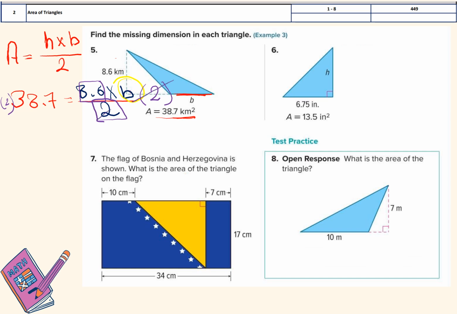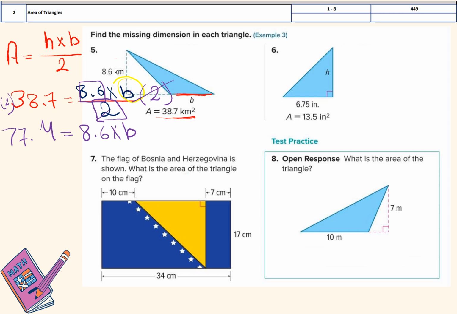So I'll be multiplying 38.7 by 2. The answer is going to be 77.4 equals 8.6 times b. Now we need to get rid of 8.6. How to do that?